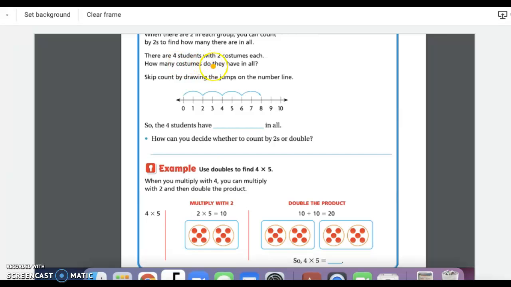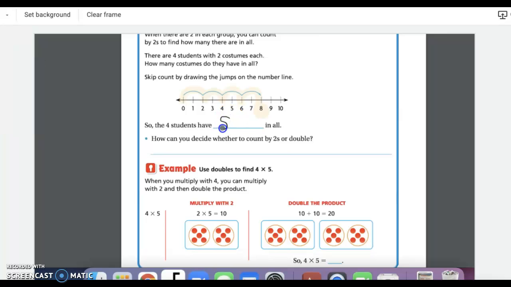So we can count by 2s 4 times. How many costumes are there? We could skip count by 2 4 times. 1, 2, 3, 4. And where did we end up? At 8. So the 4 students have 8 costumes in all.